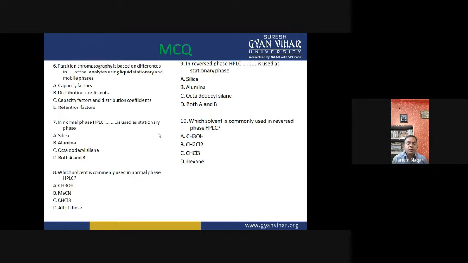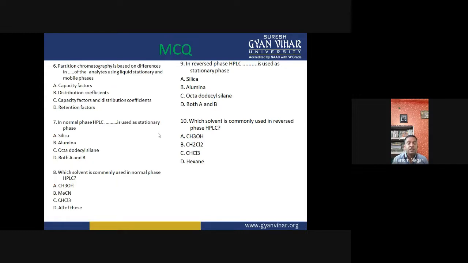The next question is: which solvent is commonly used in reverse phase HPLC? The more polar solvent is used in reverse phase HPLC. Which is the more polar solvent? Chloroform, DCM CH2Cl2, methanol CH3OH, hexane.